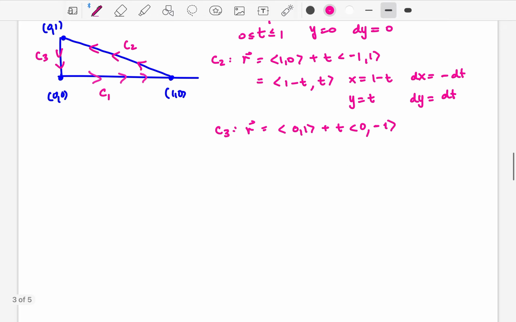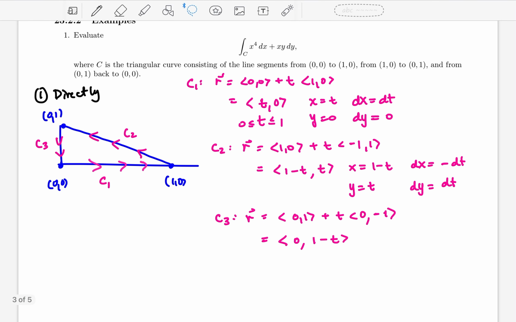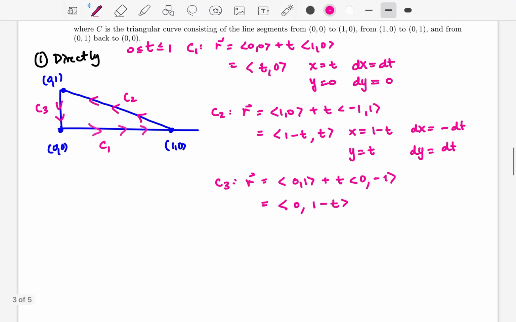That means that my line is 0 plus t, 0, and then 1 plus negative t, so 1 minus t. Again, t is always between 0 and 1. So here I have that x is equal to 0, therefore dx is equal to 0. y is equal to 1 minus t, therefore dy is equal to negative dt. That is it for the parameterization.